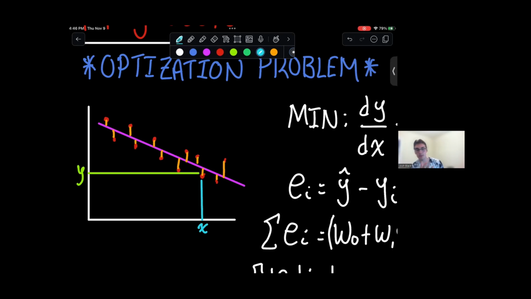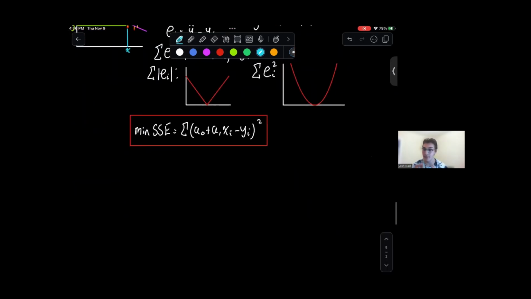So why would I take the derivative of points? It doesn't really make sense. But wouldn't it be easy if I just took the derivatives with respect to our parameters, W0 and W1? That's not bad. So let's try that.